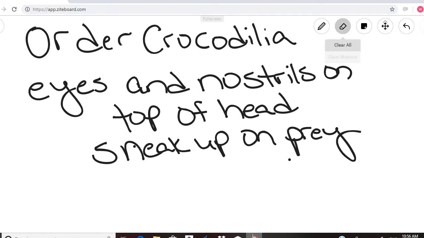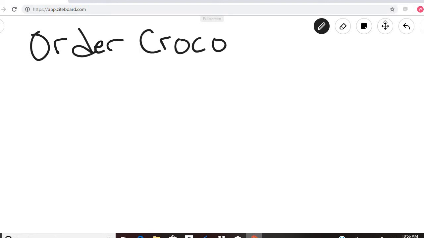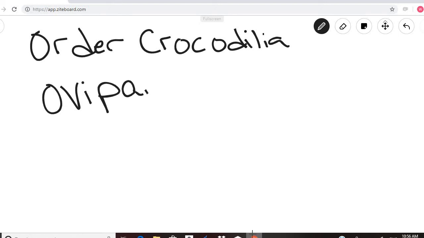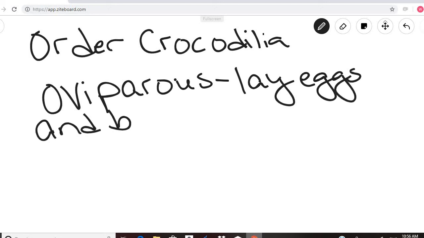And then the last thing that we will say about order Crocodilia is that this order is oviparous. So they lay their eggs and they bury them in rotting plants.